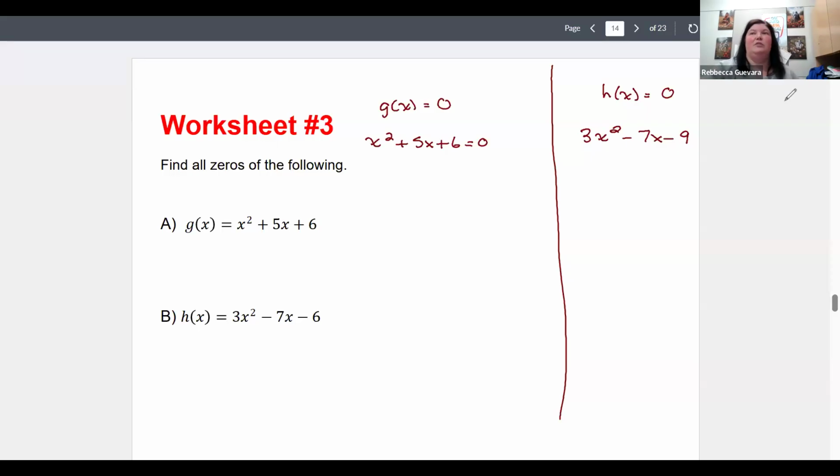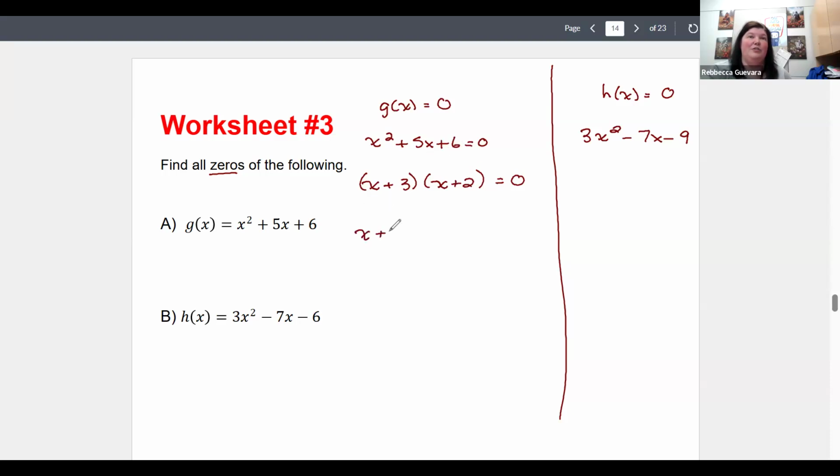Okay, so we want to find zeros. If we factor this, I just need 2 numbers that multiply to give me 6 but add to give me 5. It's because we're trying to solve x squared plus 5x plus 6 equals 0 if we want to find our zeros. So we would have x plus 3 and x plus 2, because those add together to give me 5 but multiply to give me 6.